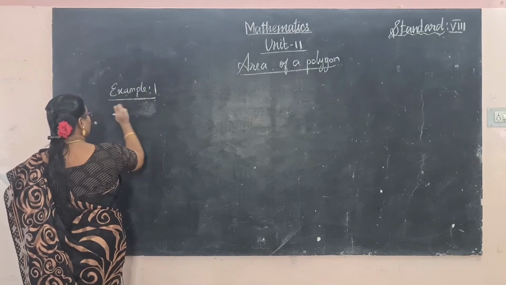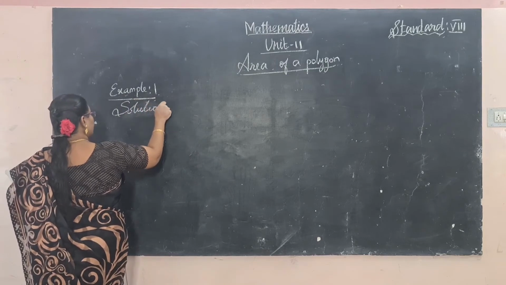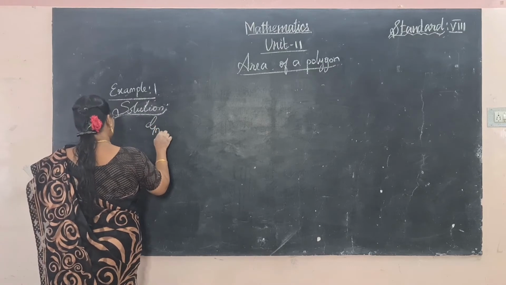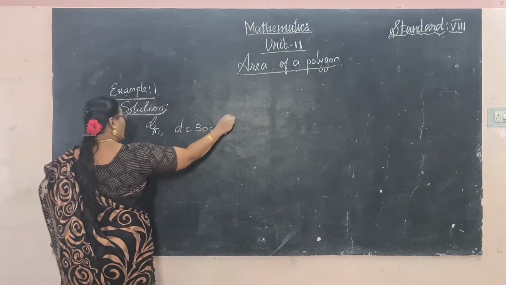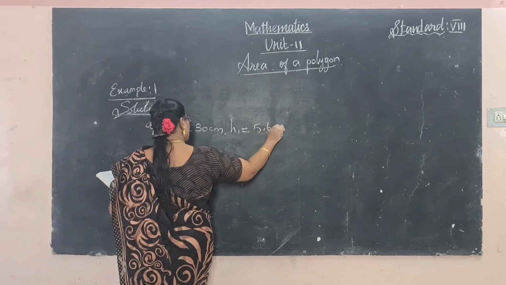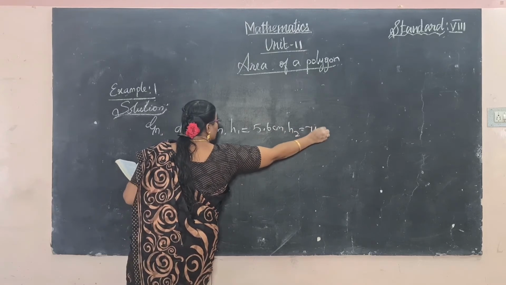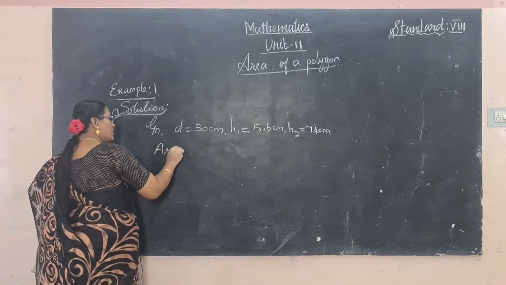First write the given. D is equal to 30 centimeter and the perpendiculars H1 is 5.6 centimeter, H2 is equal to 7.4 centimeter. Now we have to find out the area of the quadrilateral.